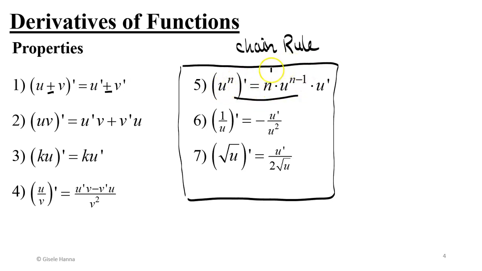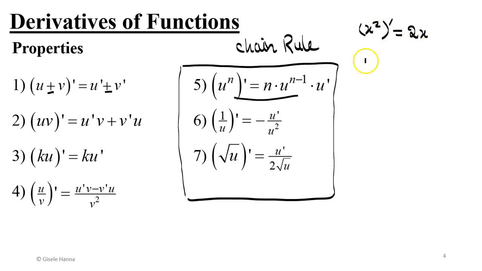So the derivative is, we drop the exponent, subtract 1 from the exponent, but then multiply by u prime. Now, what does that really mean? We've just seen that if you have x squared, to find its derivative, I drop the exponent and subtract 1 from the exponent, which is x to the 1. So the derivative of x squared is 2x.